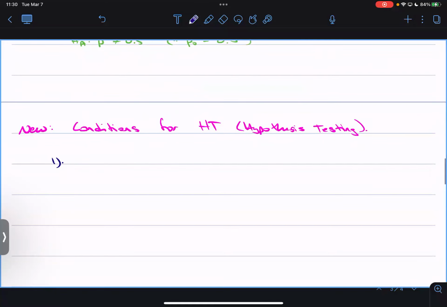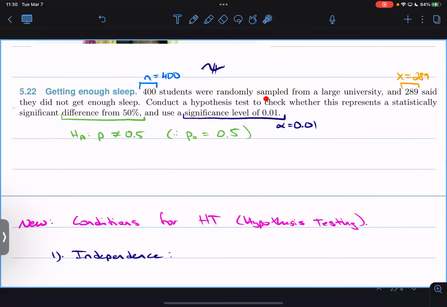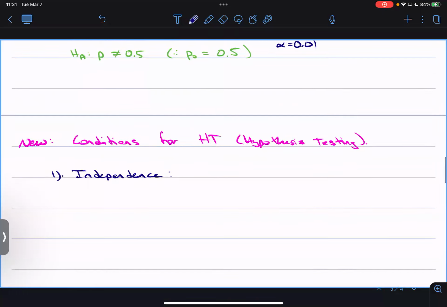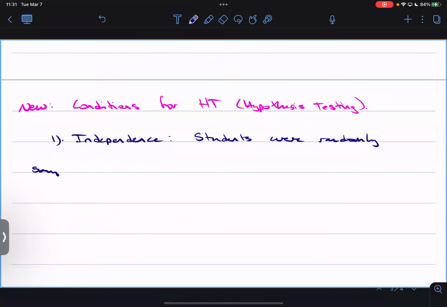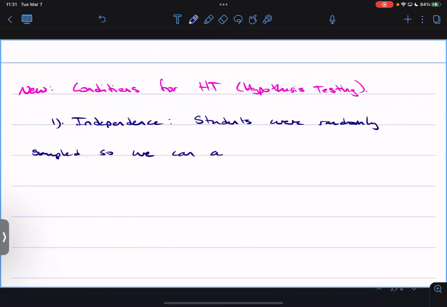Independence is our first condition. Now it says the sample was randomly sampled from a large university. So students were randomly sampled, so we can assume independence.